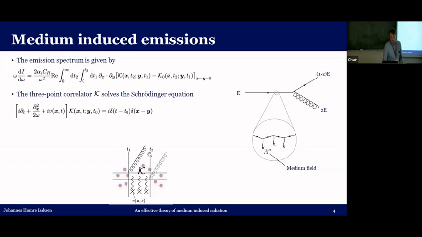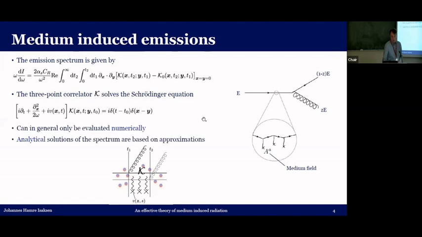What's going on in between is this K, and mathematically it is the solution to this Schrödinger equation, where V is the scattering potential. The bad thing is that in general you can only solve this numerically, and if you want analytic solutions, you have to use some approximation.